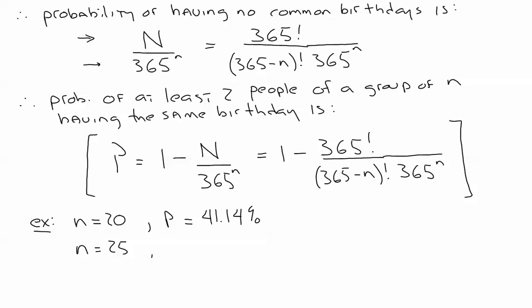If I put 25 people in the room, the probability of at least 2 of them having the same birthday is up to 56.87%. And as we'll see in a second, if n equals 50, the probability of at least 2 people having the same birthday is going to be greater than 95%.